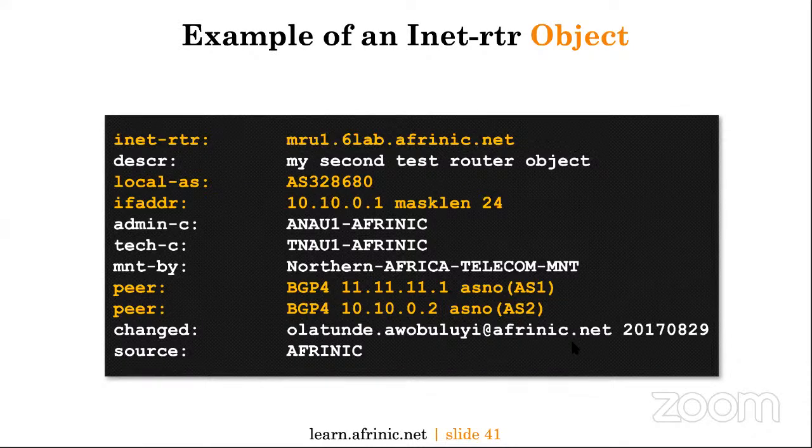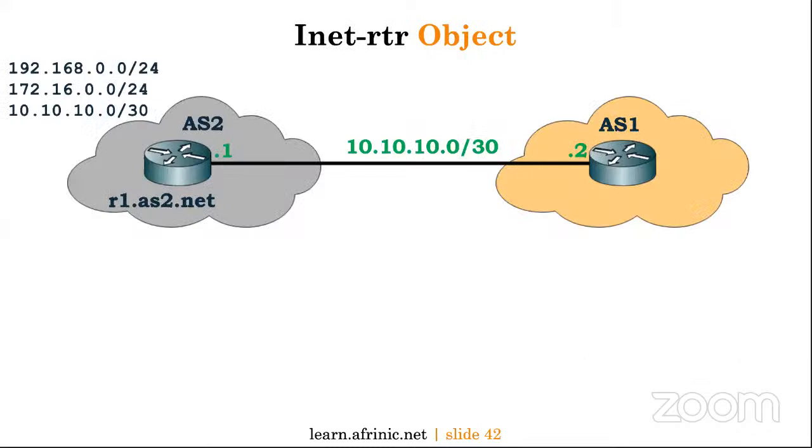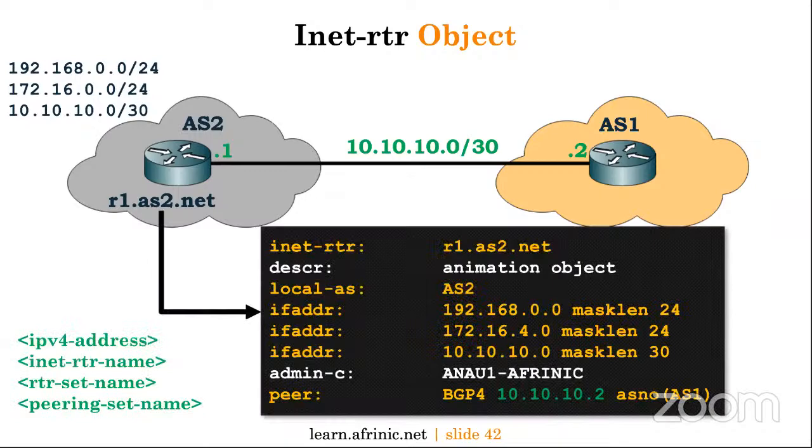So let's look at a quick example of how that works. You can see the router in AS2, r1.as2.net. This is the object for it. You can see the router name, the different IP addresses of the interface, and the peer that it peers with, and the AS it peers with.